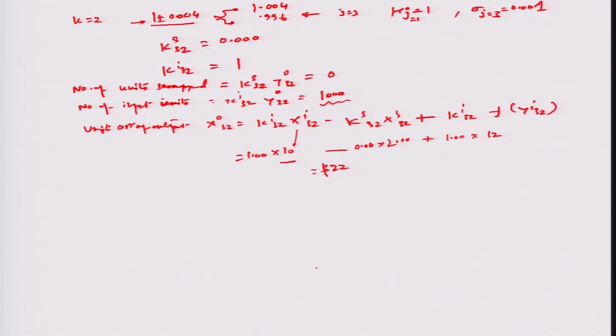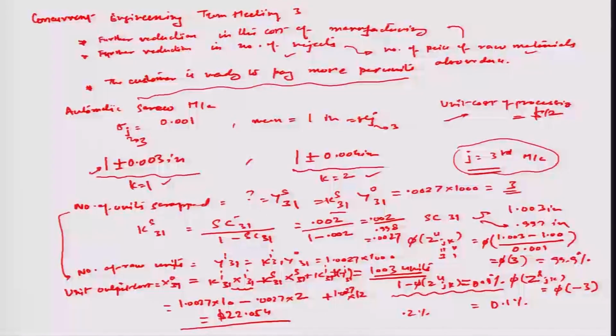So, in the third meeting, what was found out is that if the customer is ready to pay a little more and if you are able to use a tighter specification on a automatic screw cutting machine, which is the most precise machine, you can have a tighter specification, so that making the quality people happy, and you can have a relatively very low scrap, which can make the purchase department very happy, because it is not easy to get input shaft materials.